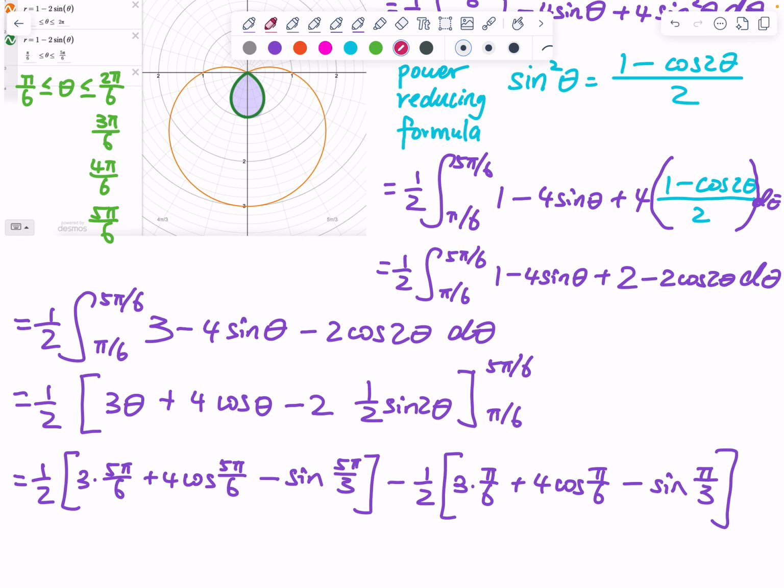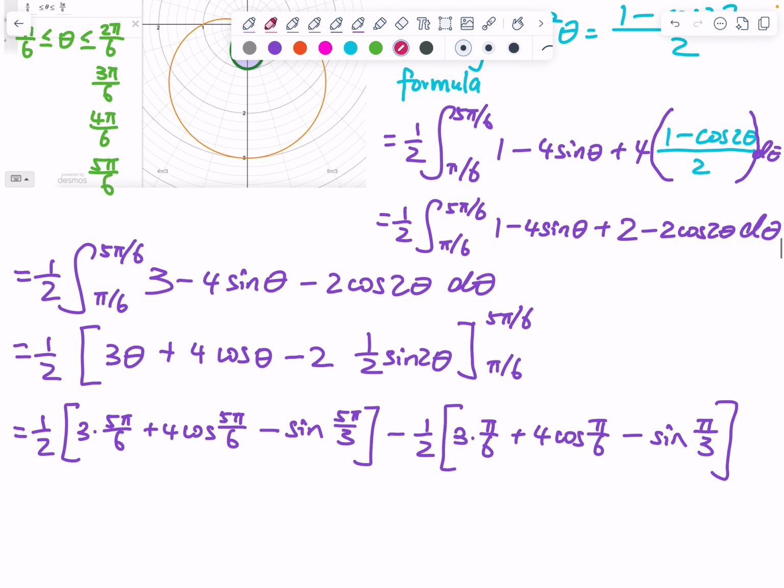Okay, this one, hopefully you still remember your unit circle. This is 5 pi over 2, and then plus 4 times cosine 5 pi over 6, which is negative root 3 over 2. Sine 5 pi over 3 is negative root 3 over 2.